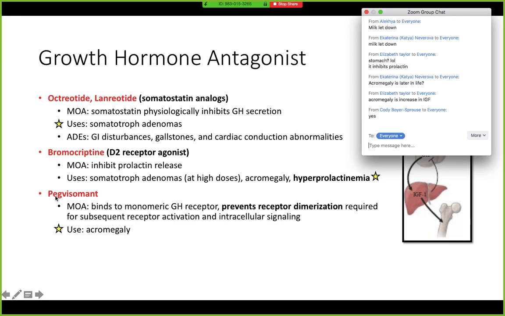But the reason you would use pegvisomant over octreotide is for that off chance that you have an ectopic cause of acromegaly. So in case the acromegaly is being caused by something other than a pituitary adenoma, this would be your best bet as far as drug choice. In case anybody had the same question.